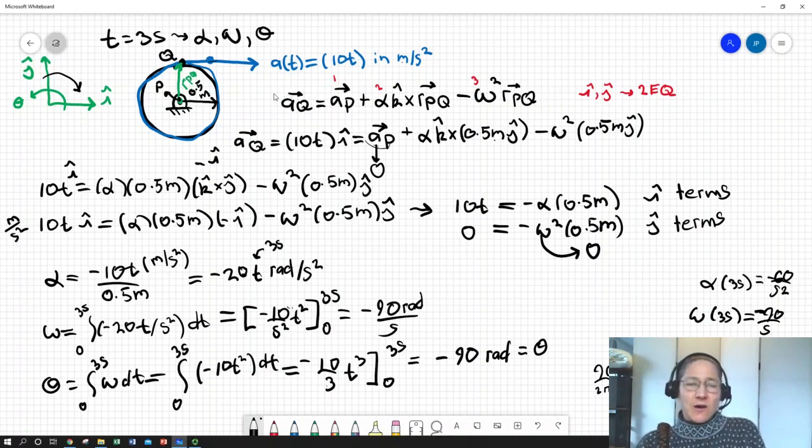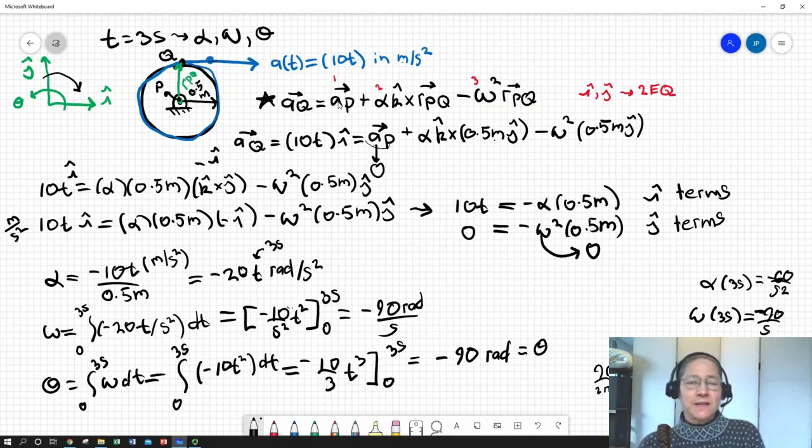So important points. What did we need to know? First, we used our kind of universal expression for velocity or acceleration of any 2 points that are on the same rigid body that is undergoing planar motion. So all in one plane, it can rotate, it can translate, it can't come out of the plane, it can't rotate out of the plane, it's rigid.